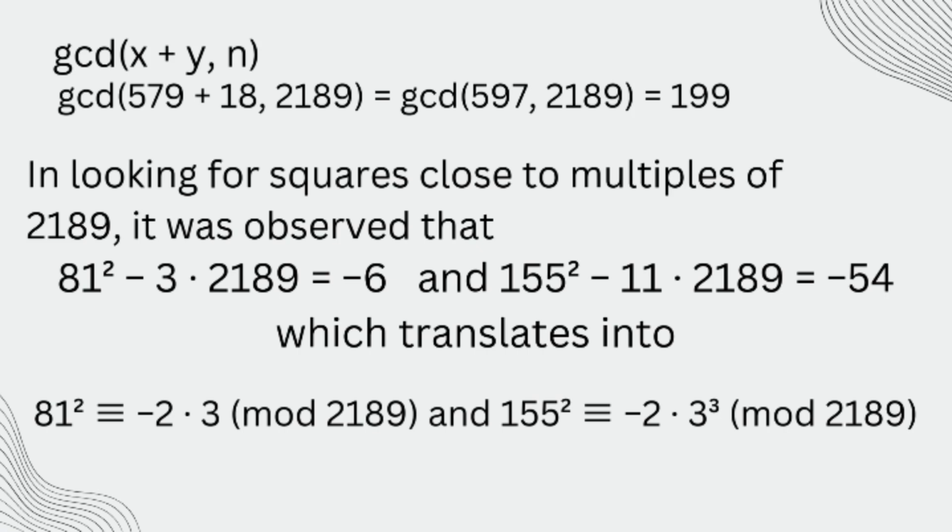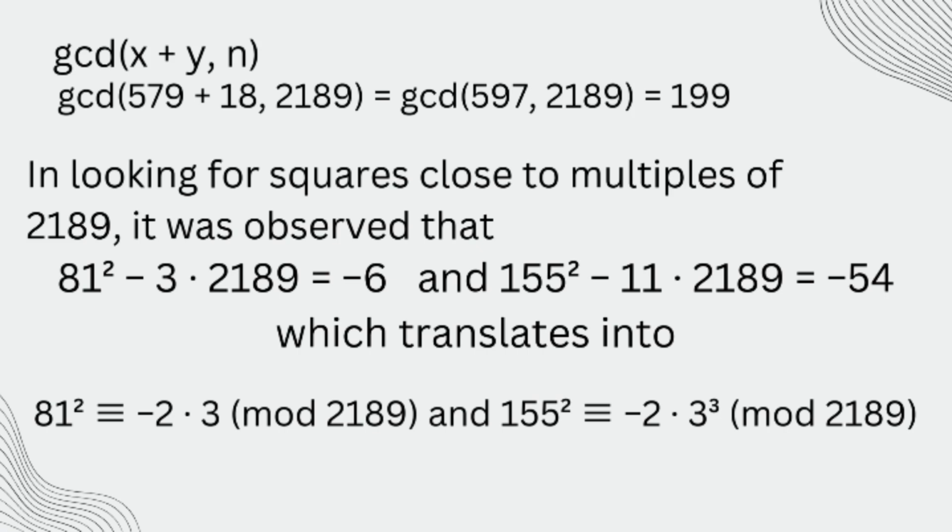I-round off ulit natin, kaya ang nakuha na natin ay 11. And then, i-multiply natin ang 11 times 2,189. Ang makukuha natin ay 24,079. I-subtract natin siya sa 155 squared. Ang makukuha natin sagot ay negative 54.